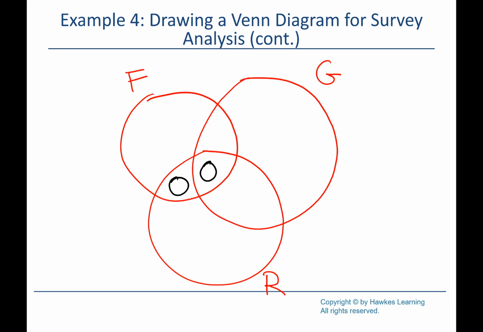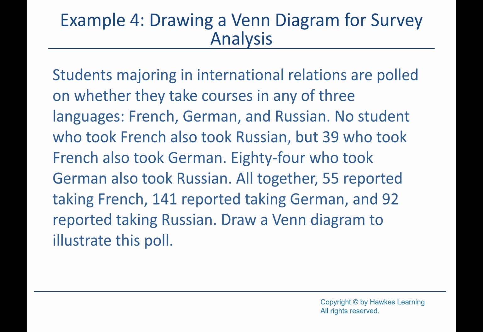Okay. Then we kind of want to work our way out. So we'll see if it tells us like the people that took Russian and German, or French and German next. Work our way back. So let's see.